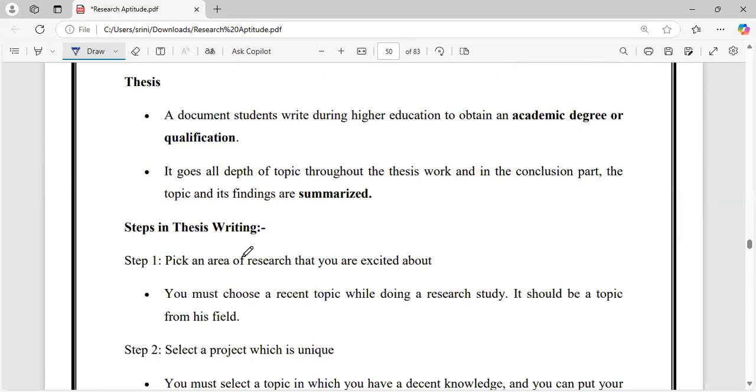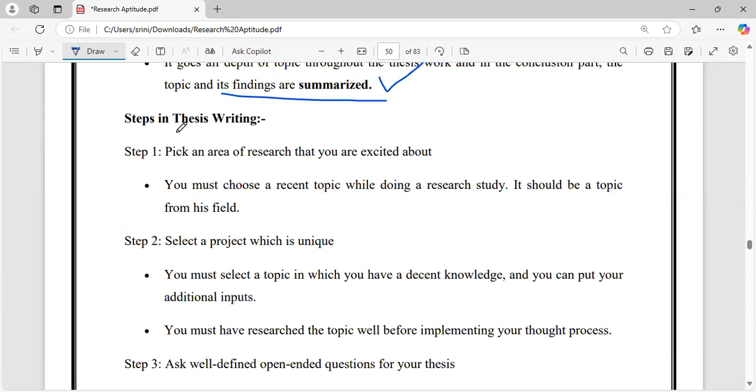Okay. Then thesis. We have to submit a thesis. It is a document students write during higher education to obtain an academic degree or qualification. It goes into all the depth of the topic throughout the thesis work, and in the conclusion part, the topic and findings are summarized. Here are the steps to write a thesis.